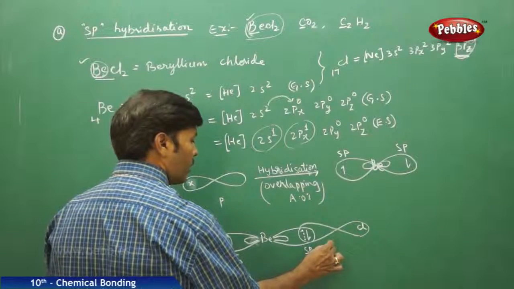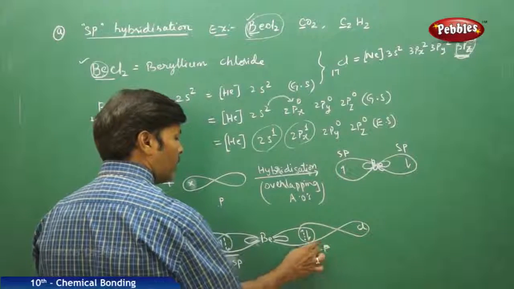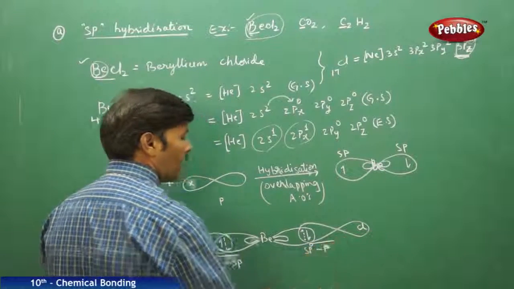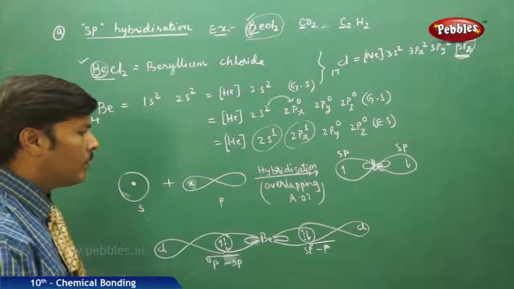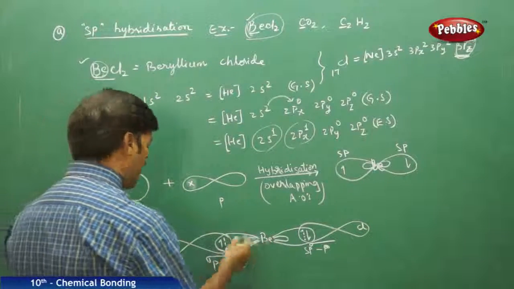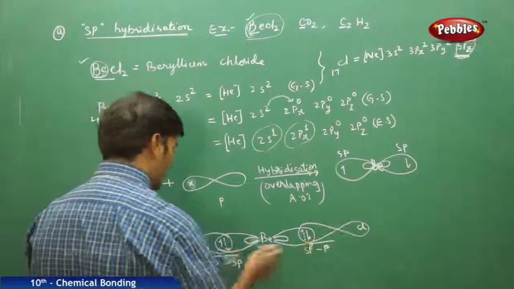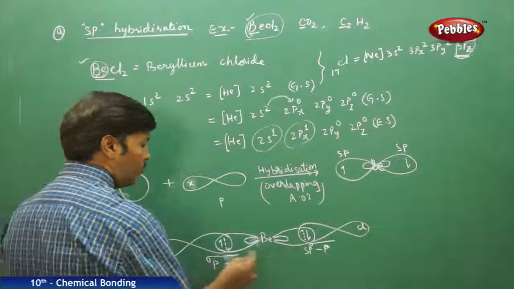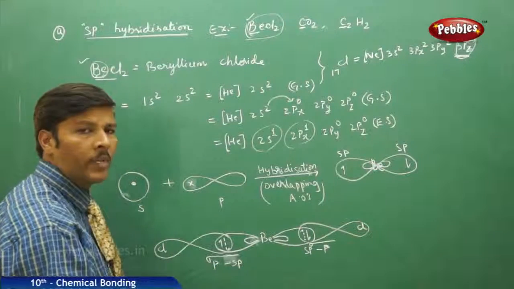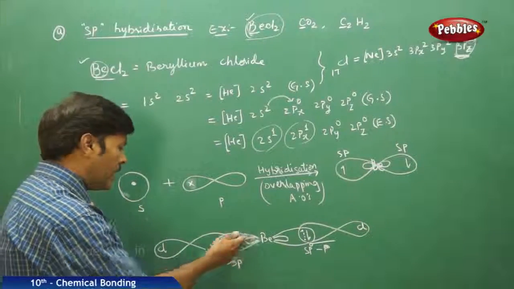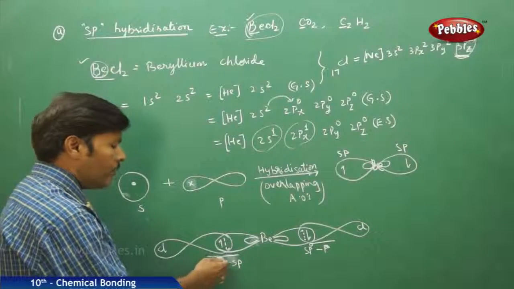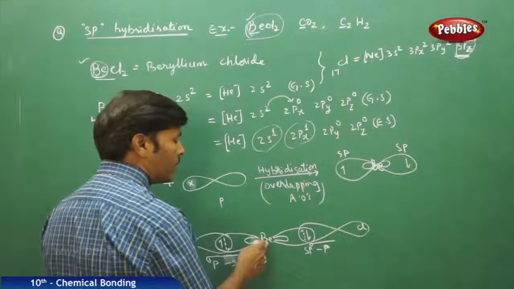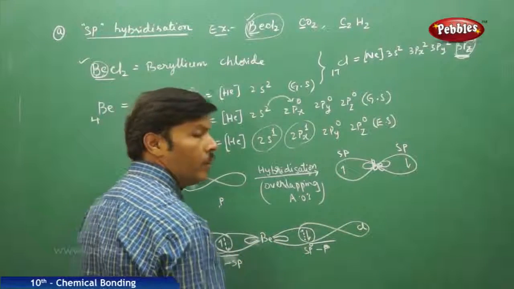The overlapping that takes place is again sigma bond overlapping. So here we notice that beryllium, chlorine and chlorine all lie in the same plane. That is the reason we get two sigma bonds, and the overlapping between beryllium and chlorine is sigma of sp of p, and the overlapping of the second chlorine with the central atom beryllium is also sigma of sp of p.